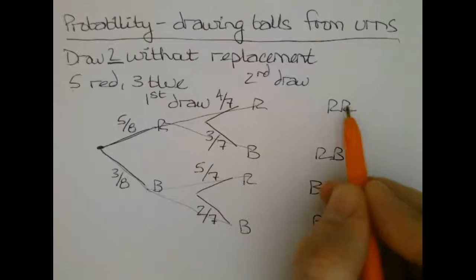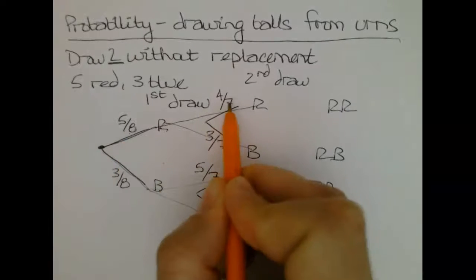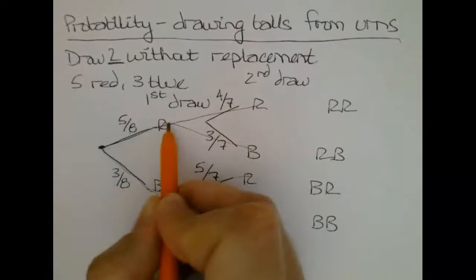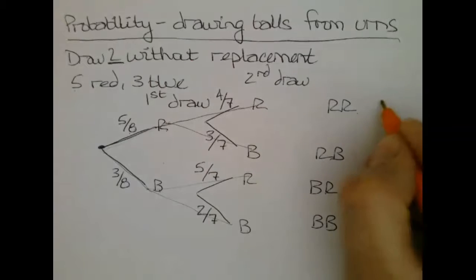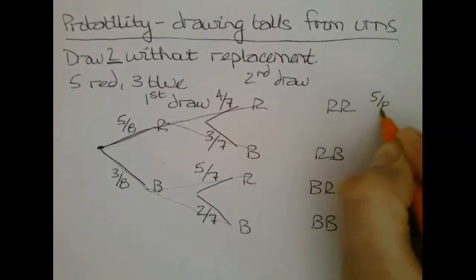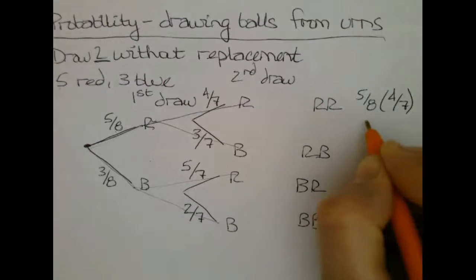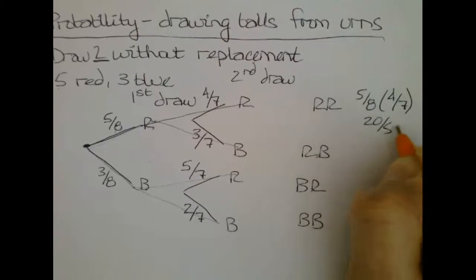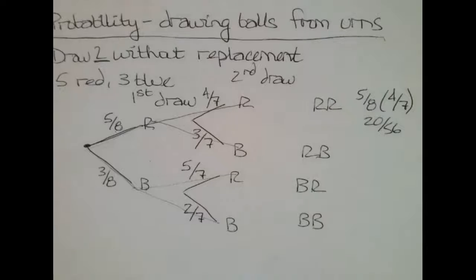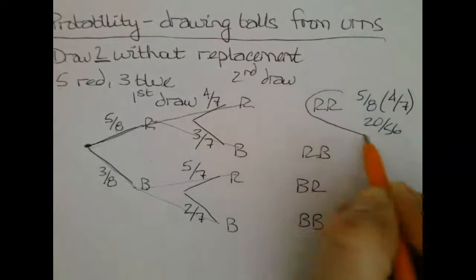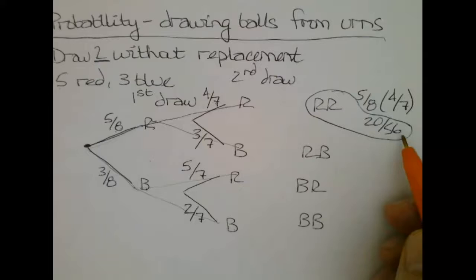So for 2 red ones, I have 5/8 times 4/7. I'm just going to multiply all the ones that are on the same path there, which is 20 out of 56. And you can reduce that or use a percentage or whatever's most convenient. The probability I get 2 red ones, 20 out of 56.